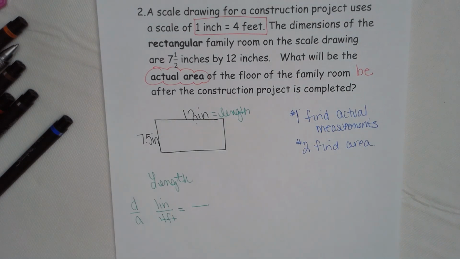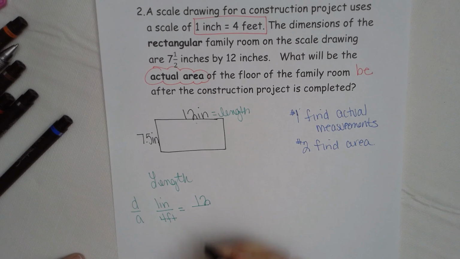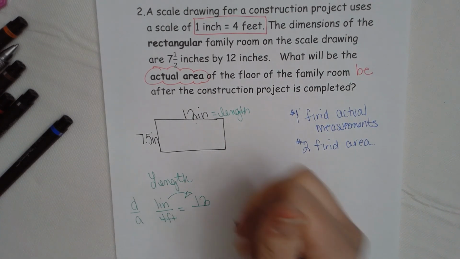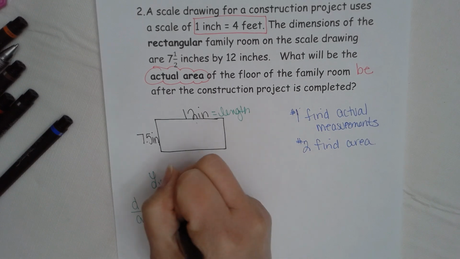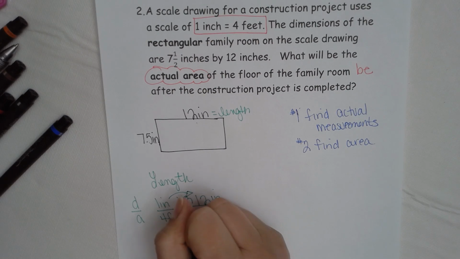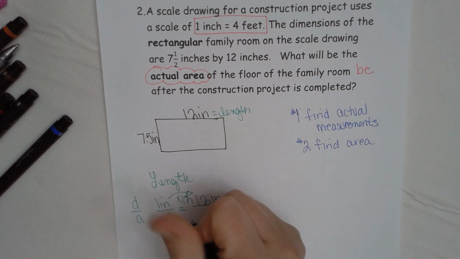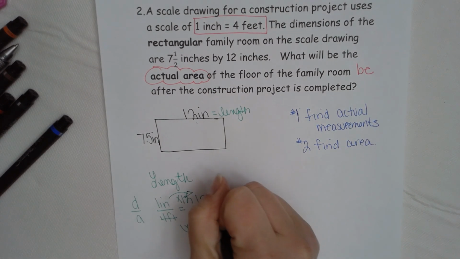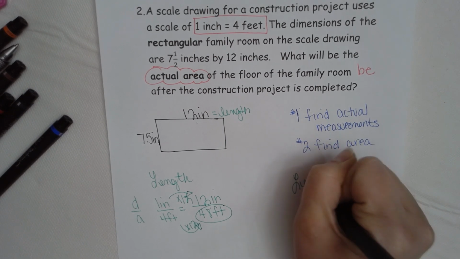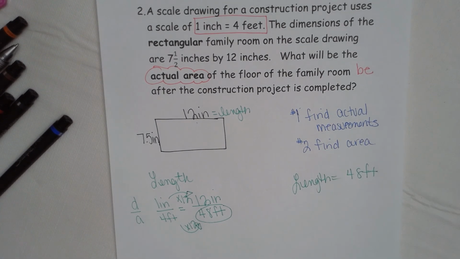This 12 inches is the drawing, so that is going to go into the numerator. What's our jump? 1 inch to 12 inches. We're going to times by 12. Whatever we do to the top, we're going to do to the bottom. Okay, 4 times 12 is going to give us 48 feet. So we know our length is 48 feet.